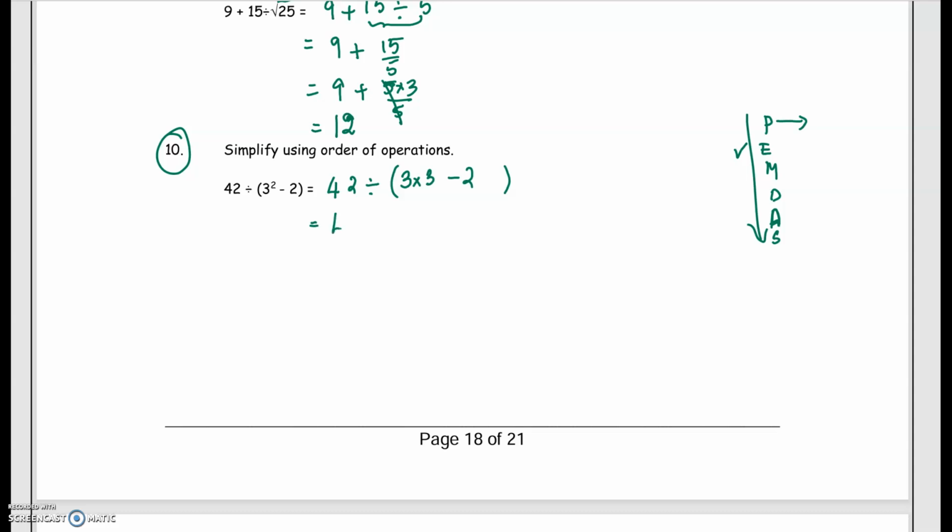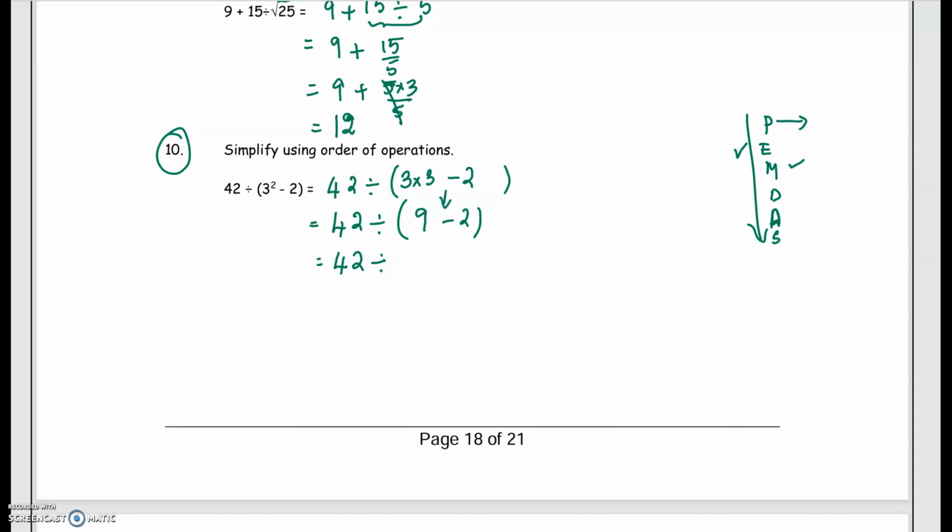Next step, again we have parentheses, so we look inside parentheses. 3 times 3 minus 2, multiplication comes before subtraction, so we go 3 times 3 is 9, minus 2. This is equal to 42 divided by, we still have parentheses, so we still have to simplify what's inside parentheses.